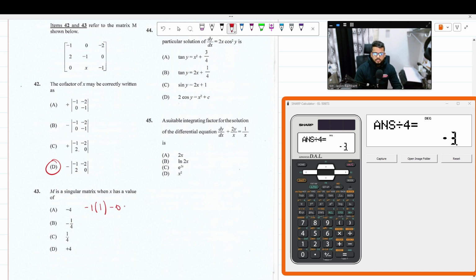Take away 0 multiplied by, I don't care, we get 0, and then minus 2 multiplied by 2x. This is going to give me 0. Not bad. So minus 1 minus 4x. A singular matrix has a determinant of 0. So we're going to get minus 1 is equal to 4x, minus a quarter is equal to x. Answer is B.